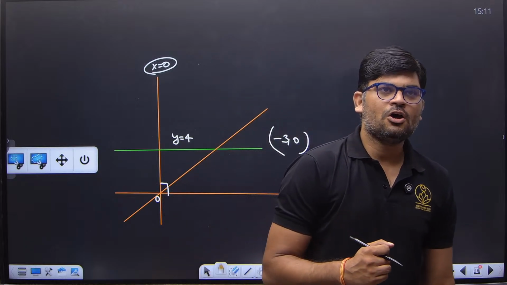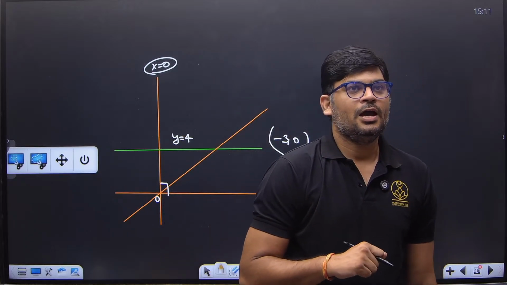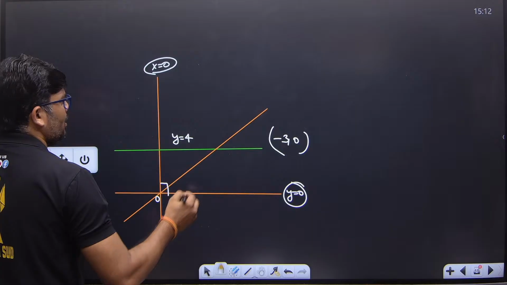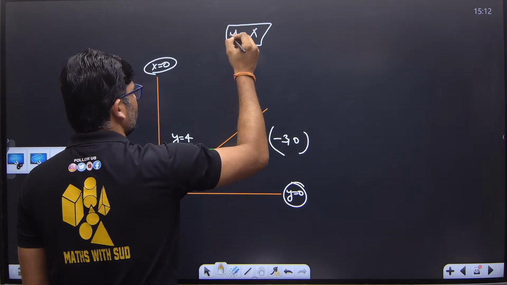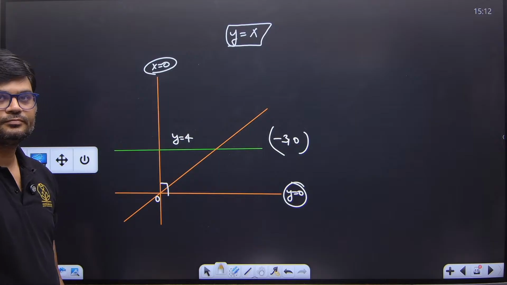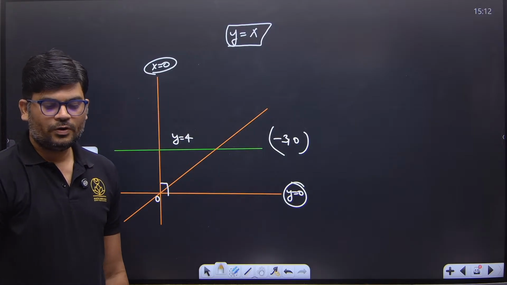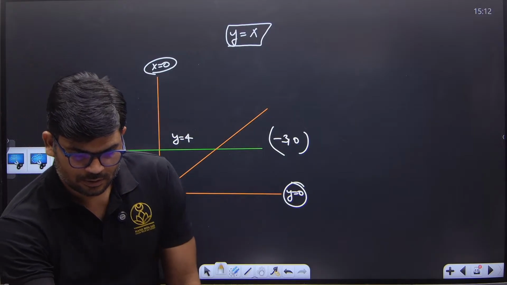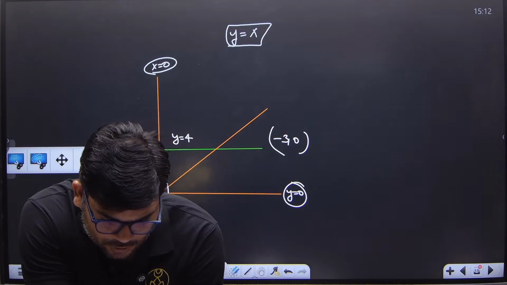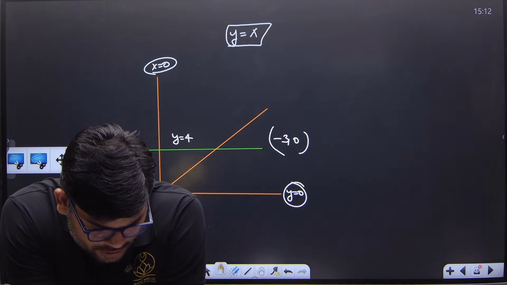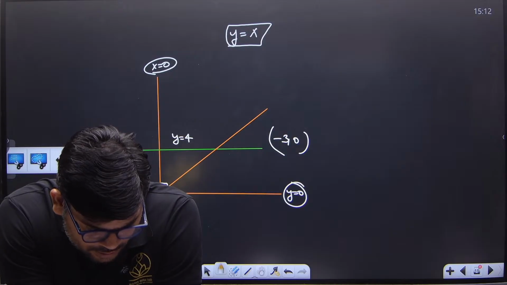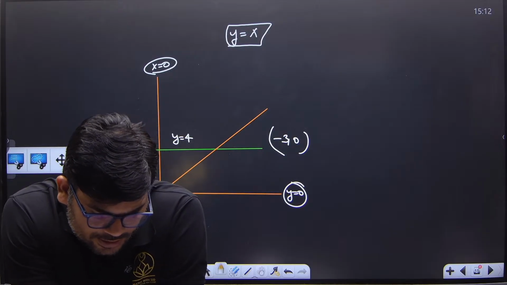So the slope is how much? 1. And if the slope of a line is 1, the line has the simple equation y is equal to x. So the first part, the slope of the line is 1, is solved.